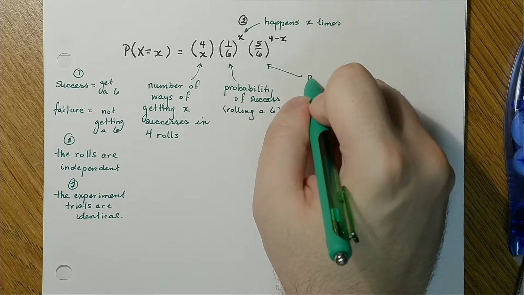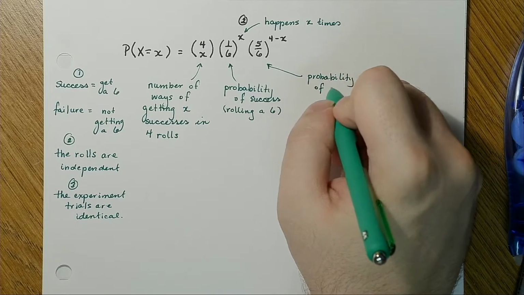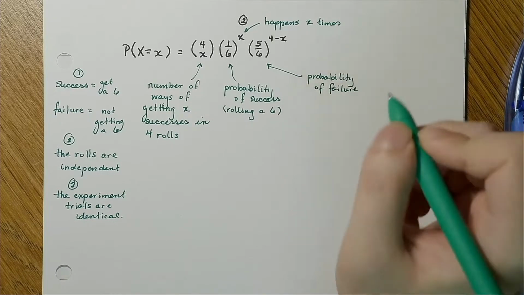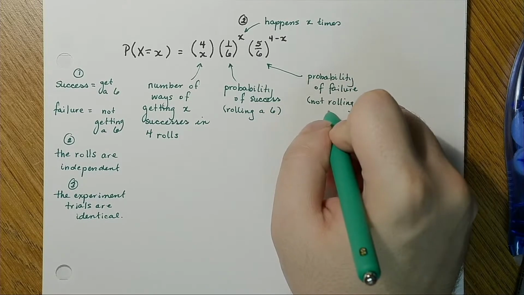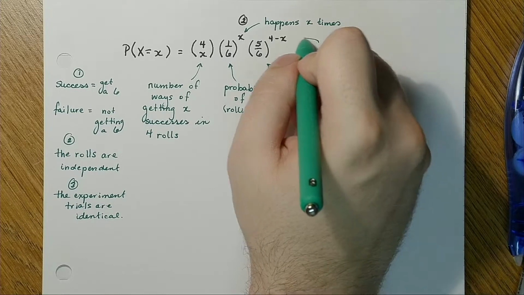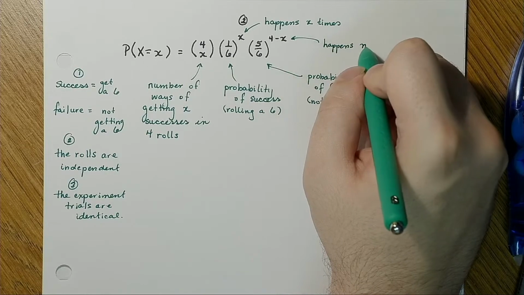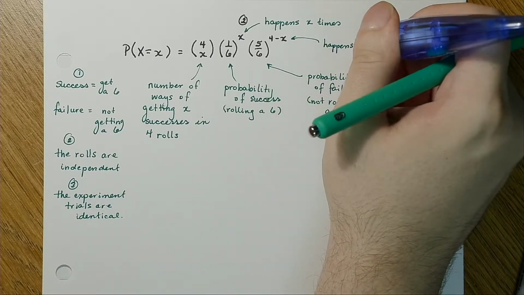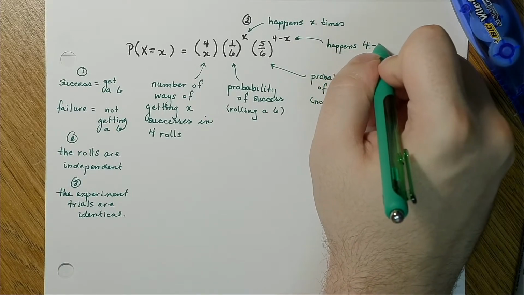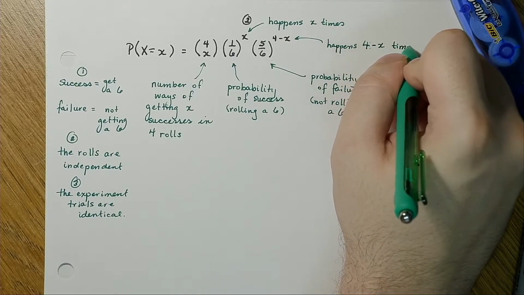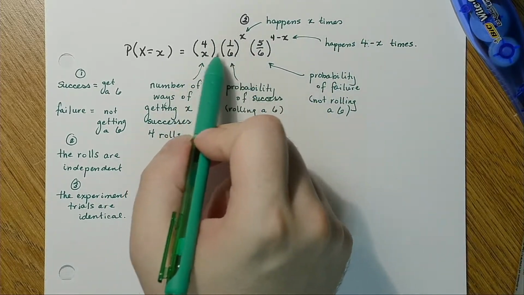Over here, here's the probability of failure, so that's not rolling a 6. And that happens not n, but 4 minus x times. So with this formula, you can actually read through what is happening.